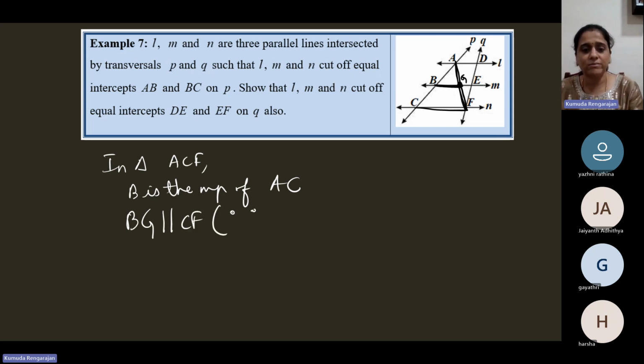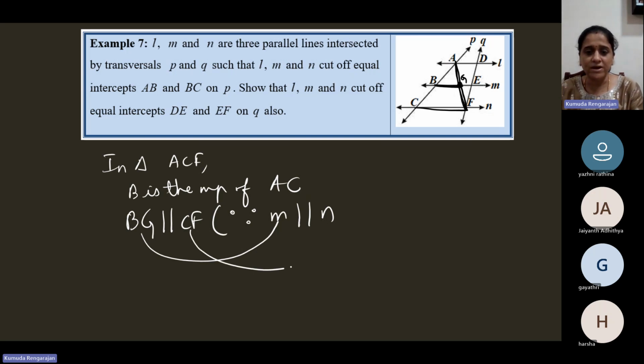Why? Because M is parallel to N. BG is a part of M, and CF is a part of N. Because M is parallel to N, any part of M will be parallel to any part of N. So BG is parallel to CF.